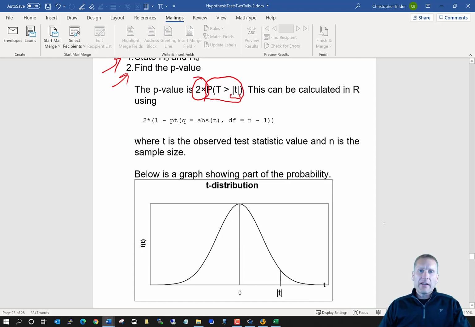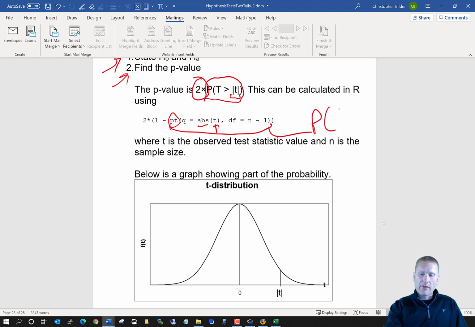So how do I find this particular probability in R? Well, let's say I have an object that has my test statistic value in it. It's called t. I use abs for absolute value. And then I go back to my pt function. Remember what this is going to find: the probability that capital T is less than the absolute value of t, since the pt function finds areas to the left.